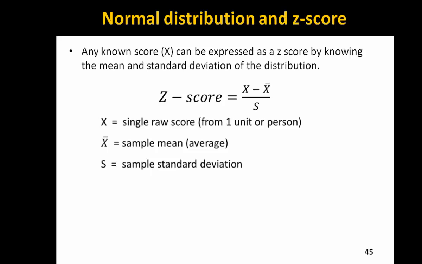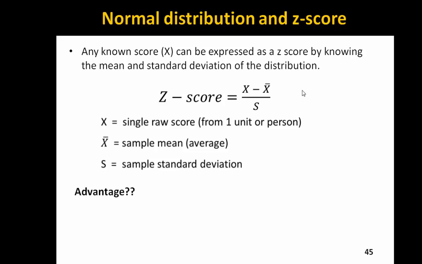If we had 30 people in our sample, we would end up with 30 z-scores. The only difference between the calculation for each person would be in the X. The X bar and S values would be the same for each person in our sample.